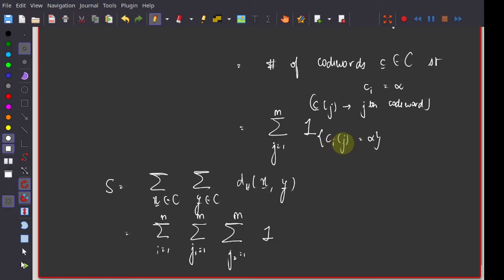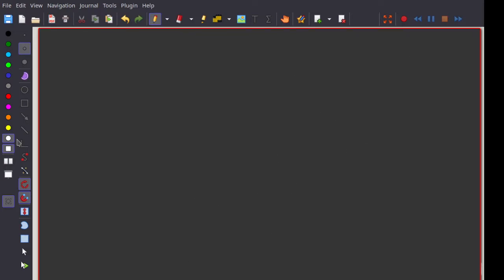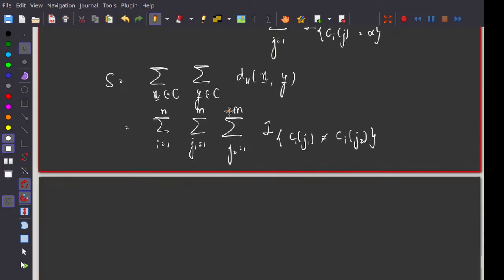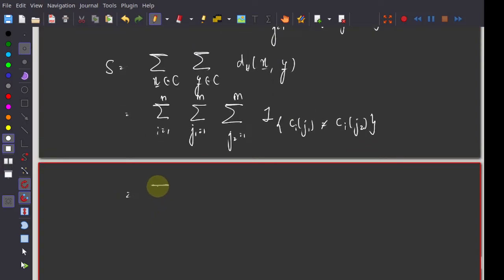Or if I look at the j1th code word and the j2th code word, then there's a contribution of 1 if c_i of j1 is not equal to c_i of j2. So I'm basically splitting this Hamming distance into coordinate by coordinate Hamming distance.